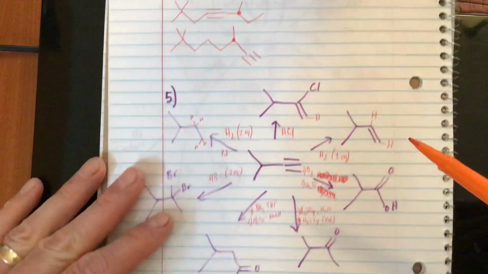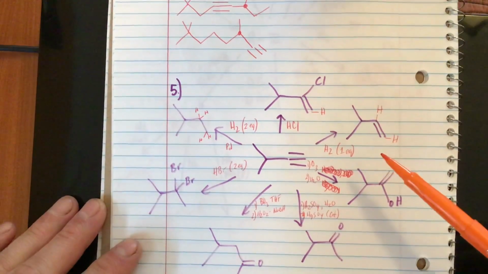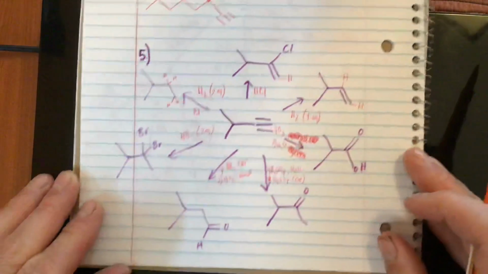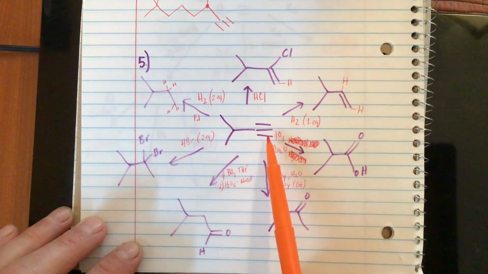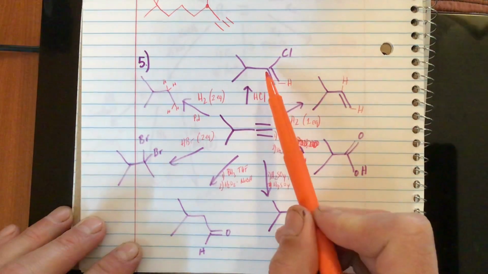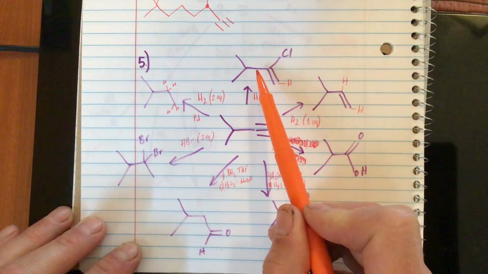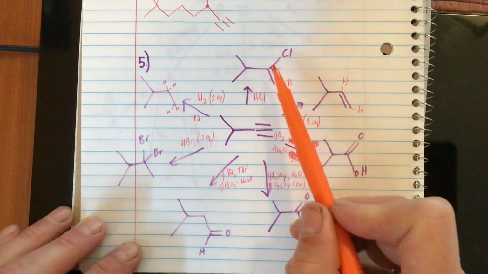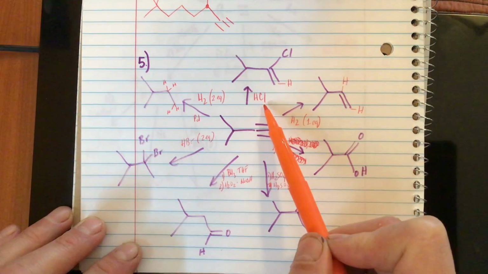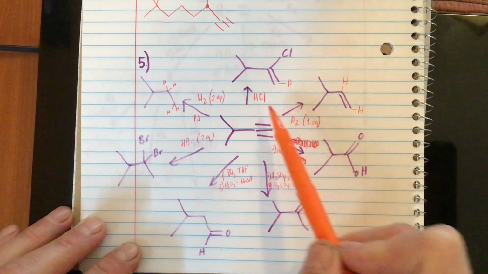Number 5 is similar to number 3, except now they want reagents, so they gave us all the products. Starting with our terminal alkyne here, I'm just going to work from above and around the clock. This product could be achieved by adding just 1 equivalent of HCl.